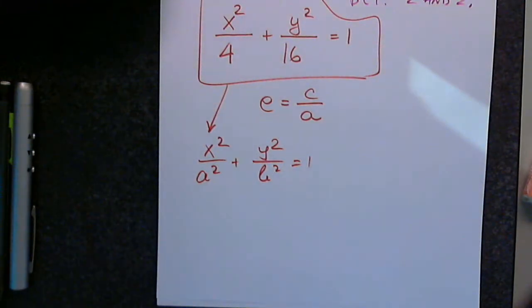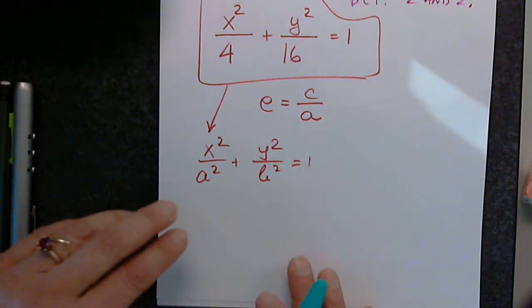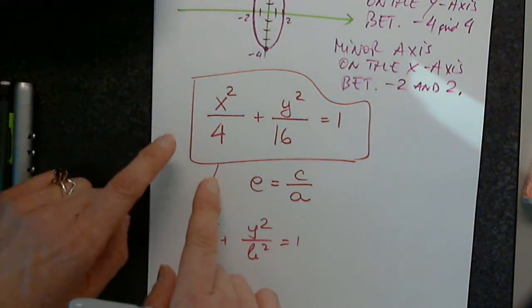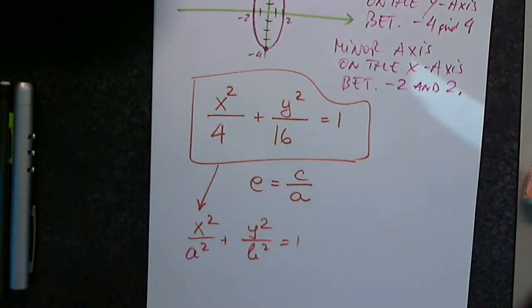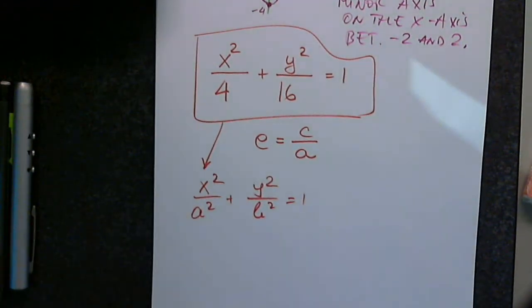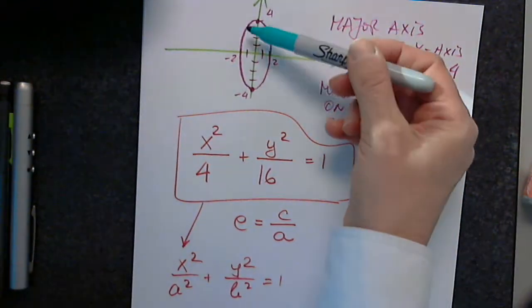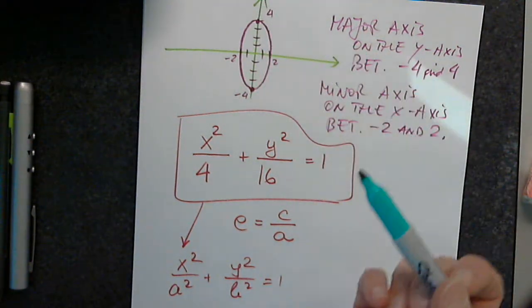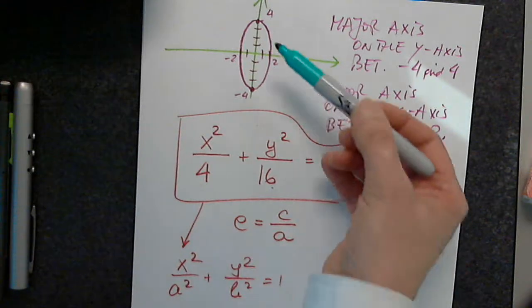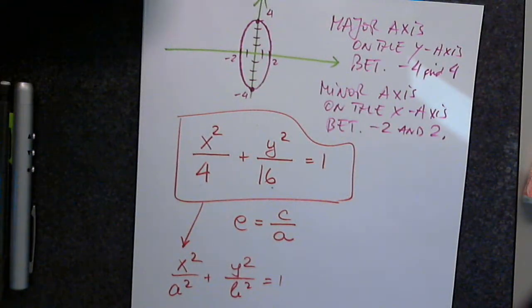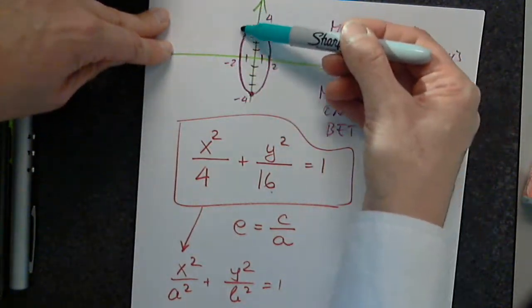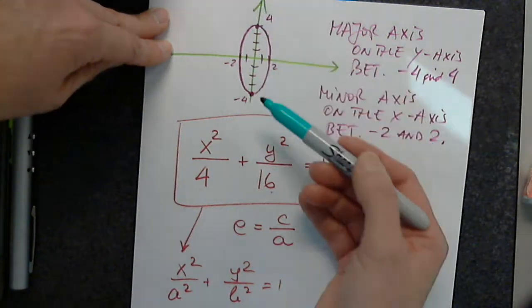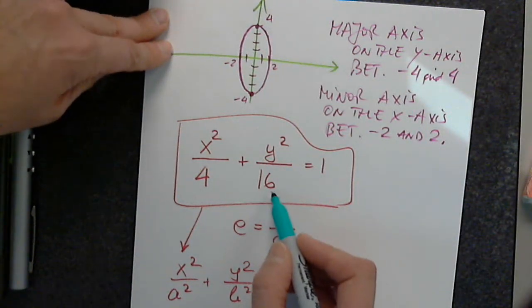I don't like the way the book presents it because I don't want you to have to memorize that if A is bigger, I have to put it under X, and if B is bigger, I have to put it under Y. No. What I would like you to remember is that no matter how the ellipse looks, the corresponding numbers underneath depend on the major axis or the minor axis. The ellipse that I picked has the major axis on the y-axis, so this number must be 16.